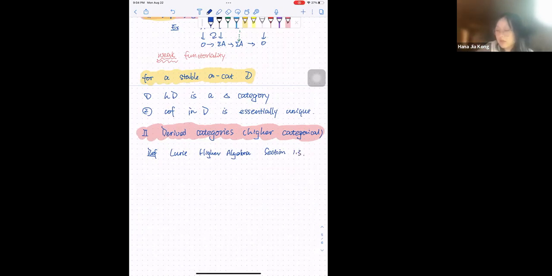So the derived category of an abelian category in the higher categorical setting also starts with an abelian category.